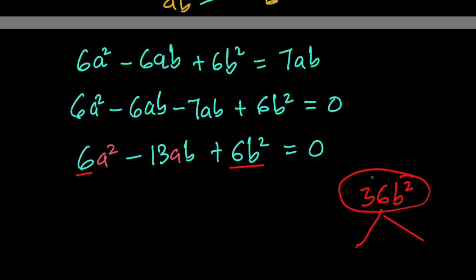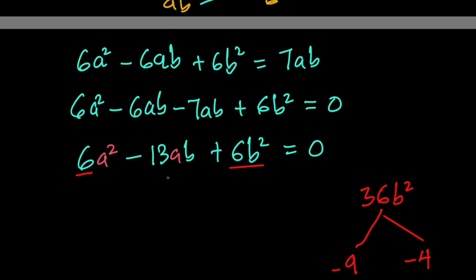Now, it looks like this number right here is going to help us because I know for sure that 9 times 4 will give me positive 36. All right, so 9 times 4 is giving me positive 36, but when I add them, I should get negative 13. So that means to achieve this negative 13, I'm just going to put negative in front of these two factors.